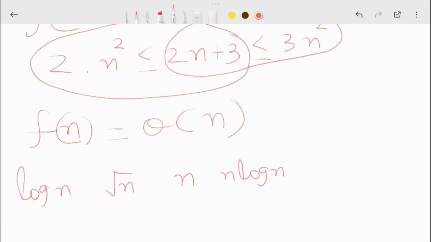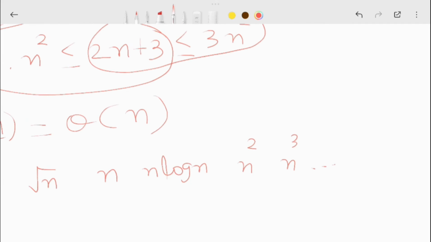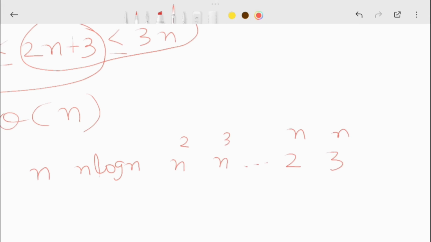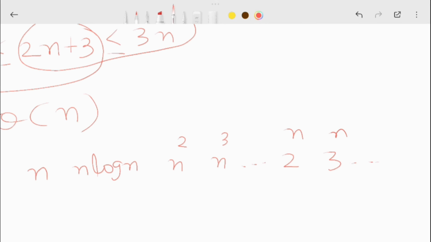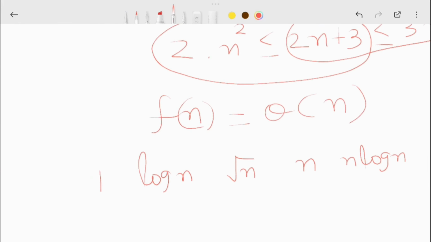Then n square, n cube, and so on. Finally, 2 power n, 3 power n, and so on up to n power n. These are the different classes of time complexities the algorithm can represent.